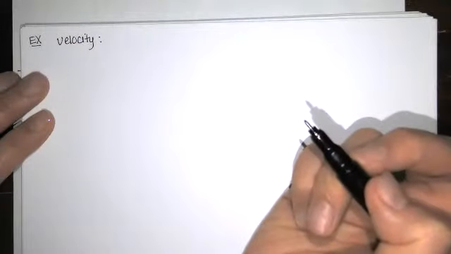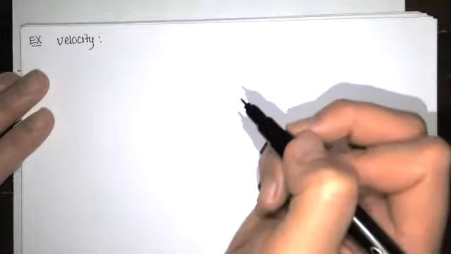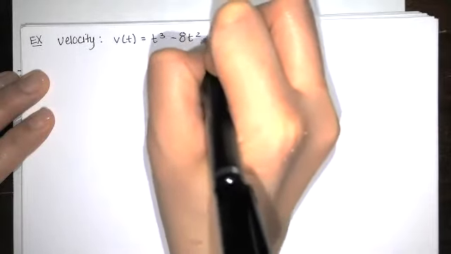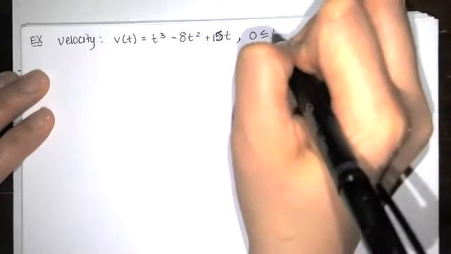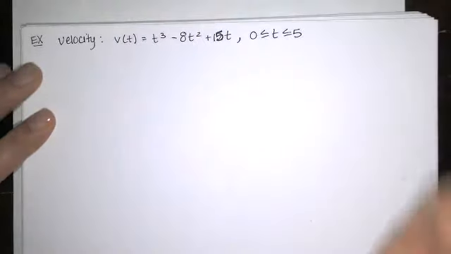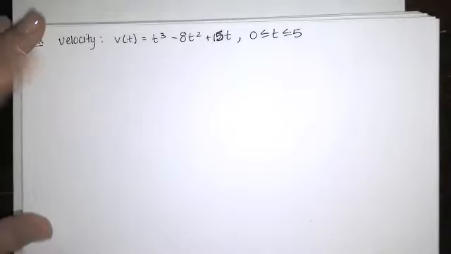So here we have velocity is given to us. We're told that the velocity of some particle traveling along the x-axis in feet per second is given by this function. Velocity at time t is t cubed minus 8t squared plus 15t, on the interval from t equals 0 to t equals 5. So this is velocity.